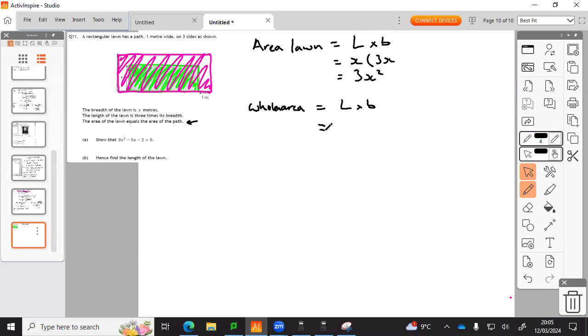The length is 3x plus 2, because you've got 3x is the length of the lawn plus 1 meter at the right hand side and 1 meter at the left hand side.